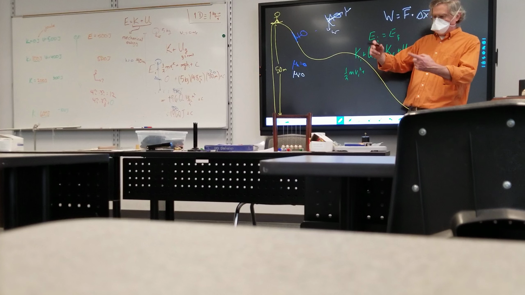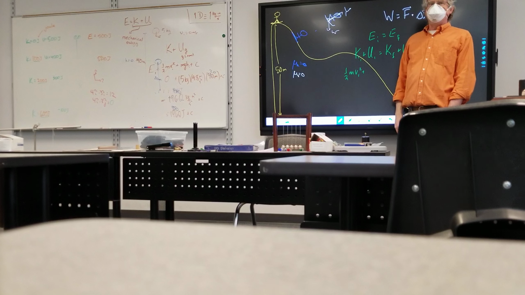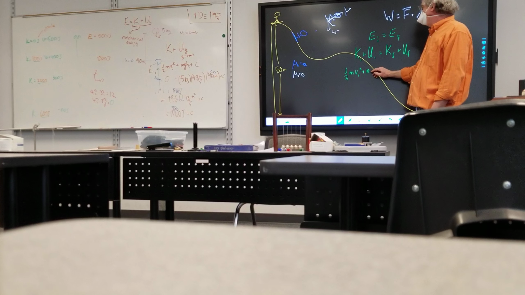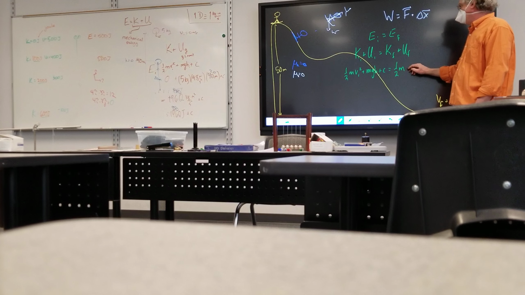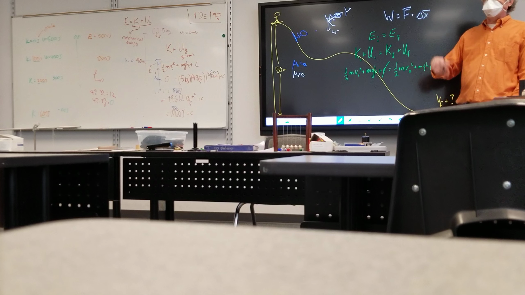The one associated with weight. m g h initial plus c. And then just the same stuff with the final: one half m v final squared plus m g h final plus c. The c cancels out, and oftentimes we don't bother writing the c.